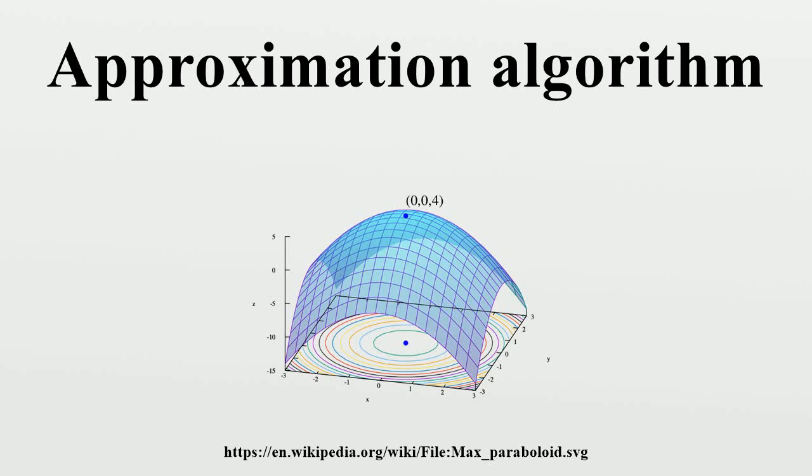In computer science and operations research, approximation algorithms are algorithms used to find approximate solutions to optimization problems. Approximation algorithms are often associated with NP-hard problems, since it is unlikely that there can ever be efficient polynomial-time exact algorithms solving NP-hard problems.